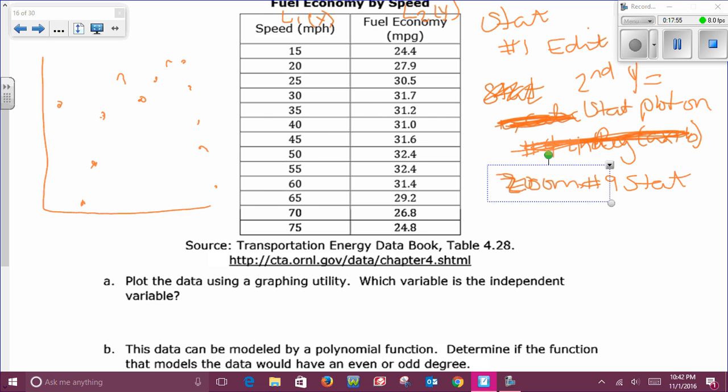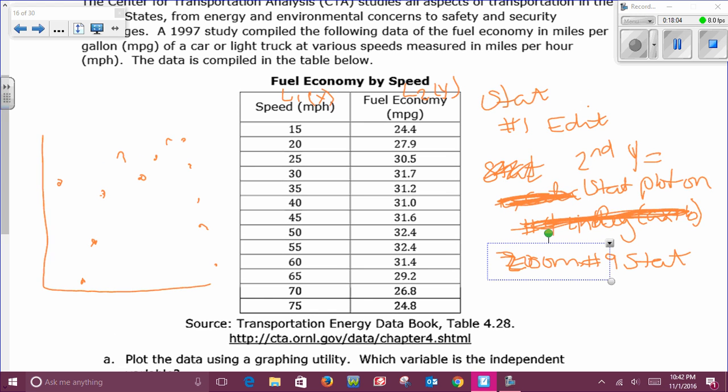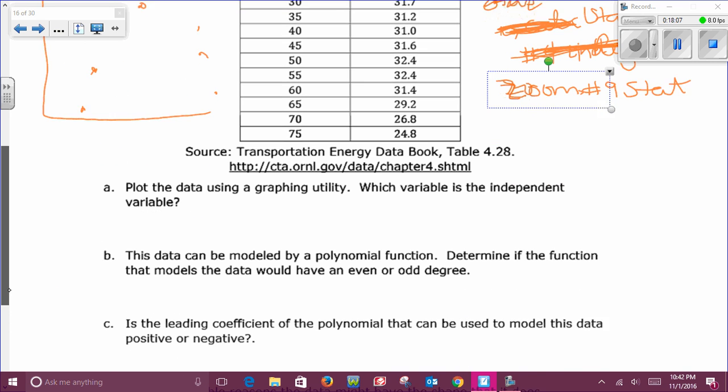But you might need to check your calculator, because I think on some of the newer calculators the zoom stat is actually zoom 0, but I'm not 100% sure on that one. So that's what it's going to look like.